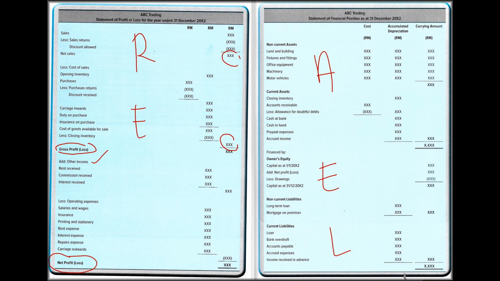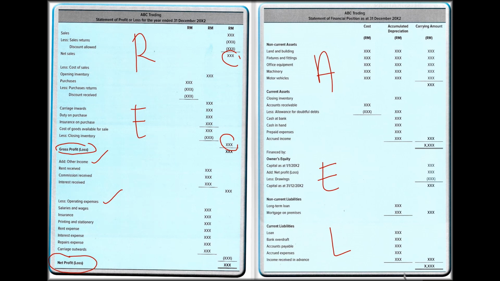Then we minus operating expenses. Our main expense account is purchase, but other than purchase, we do have other expenses that we have to take into consideration when we calculate our profit or loss.